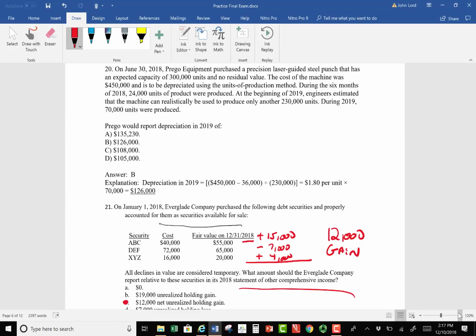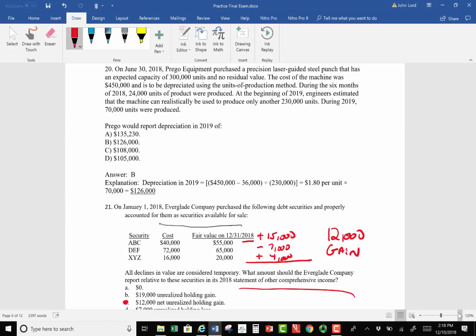Okay. All right, so let's go ahead and let's take a look at this now. And that's the amount that's going to be our other comprehensive income, the difference between fair value and cost, right? And so this one had a what? Fair value over cost of 15. DEF dropped in value, didn't it?